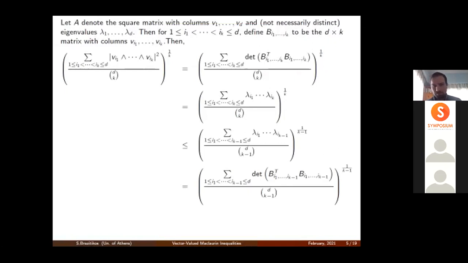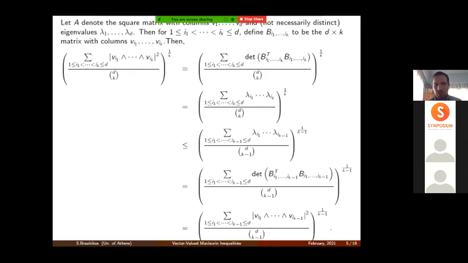And this is equal exactly to, like in the first equality with the k-fold wedge products, the sum of squares, etc. So that's really the proof for p equals 2, but this proof is only for p equals 2.